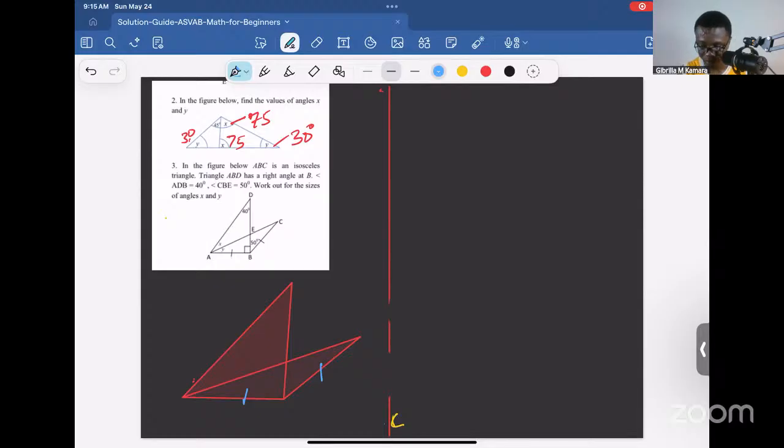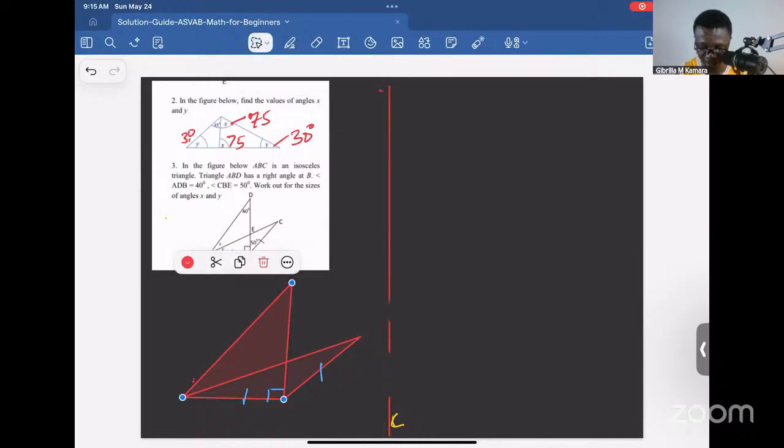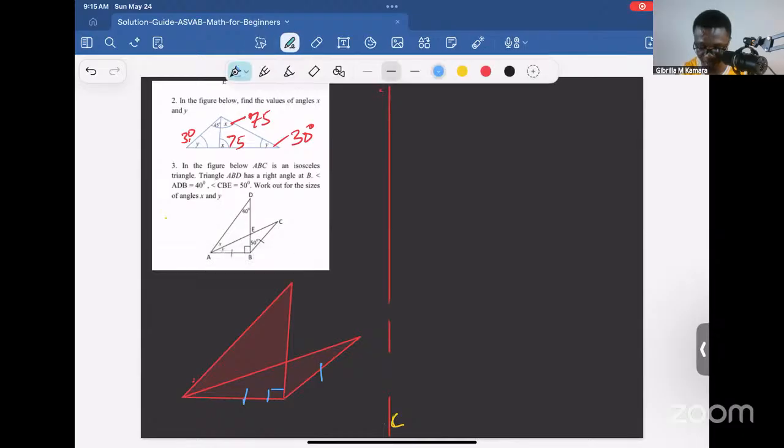So we are given this angle as 90 degrees. So we have this and this. This should be 90 degrees anyway. You can see it there from the diagram.